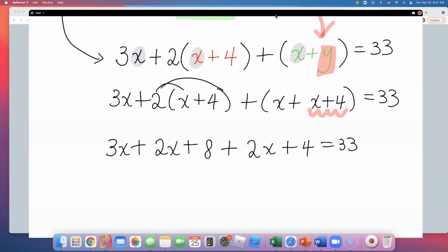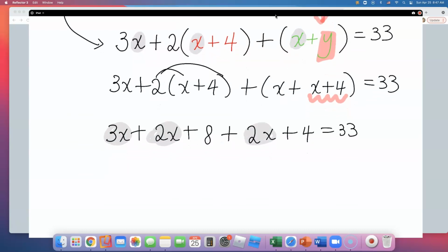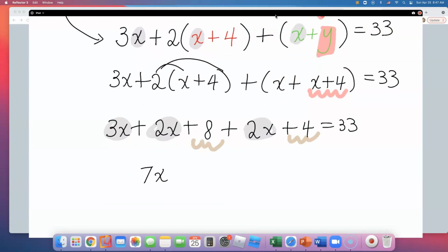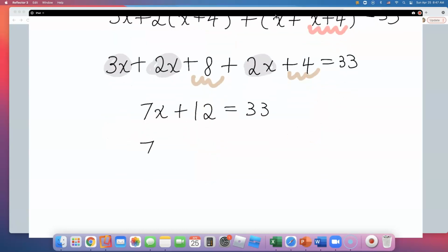I have 3x plus 2x, that's 5x, another 2x, so in total we have 7x. And 8 plus 4 is 12. That equals 33. Subtract 12 from both sides, I get 21. So if I divide both sides by 7, I get x is equal to 3.